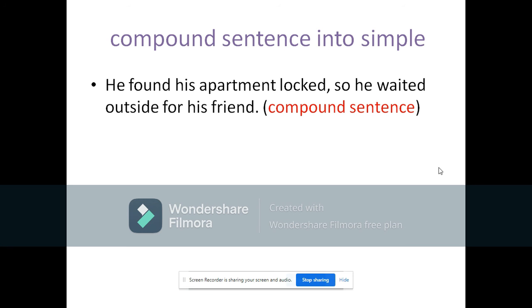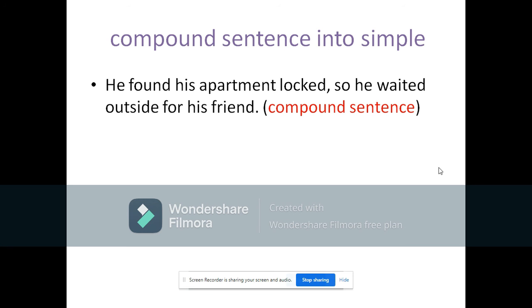Compound sentence into simple sentence. He found his apartment locked, so he waited outside for his friend. It's a compound sentence because it consists of two main clauses.